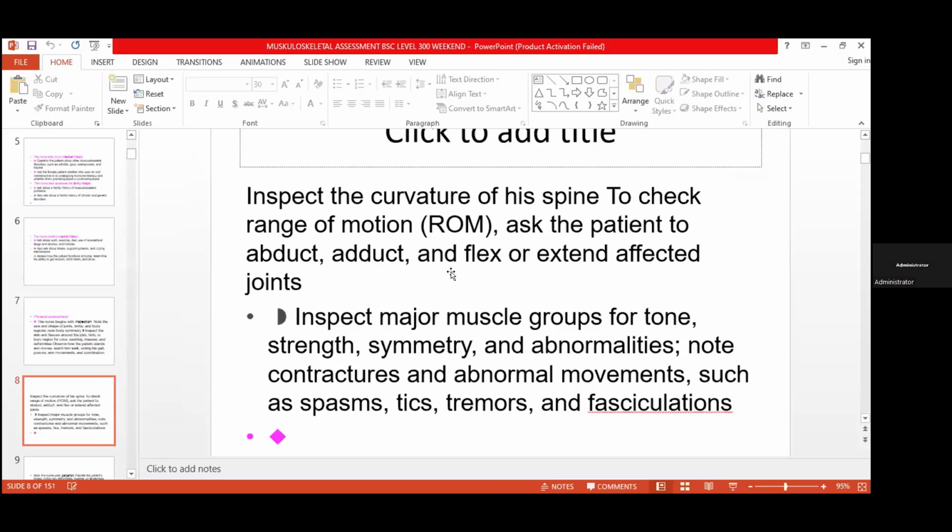When you say abduct, what is it? When you are abducting and adducting, what's the difference? And then you extend and then you flex.